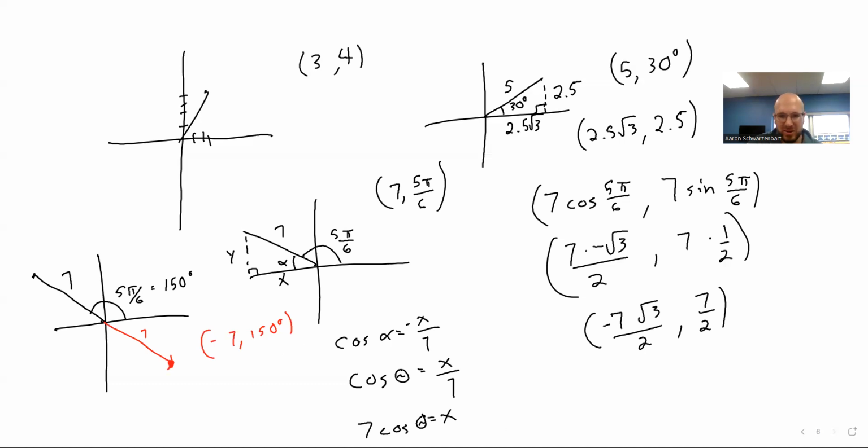Converting from polar coordinates to rectangular coordinates, really nice and straightforward. You just have to use trigonometry, and you've got to draw pictures. Okay. You can also go rectangular to polar, which let's do one that's pretty straightforward.